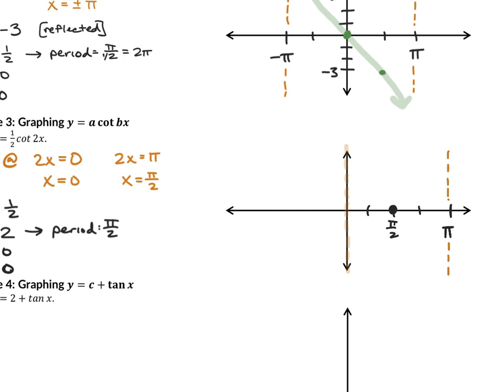Now again, this is cotangent. Cotangent should be decreasing. So I'm going to put a point halfway between 0 and 1, and halfway between 0 and -1 for the other points that I need to plot. Playing connect the dots, we have cotangent.